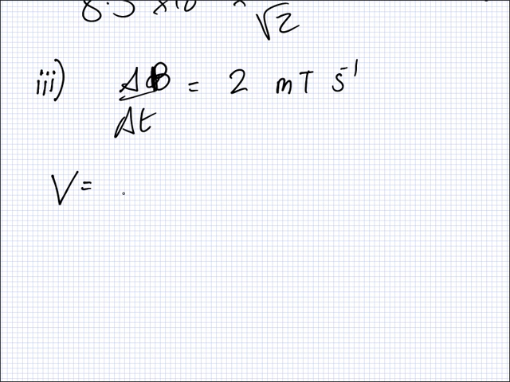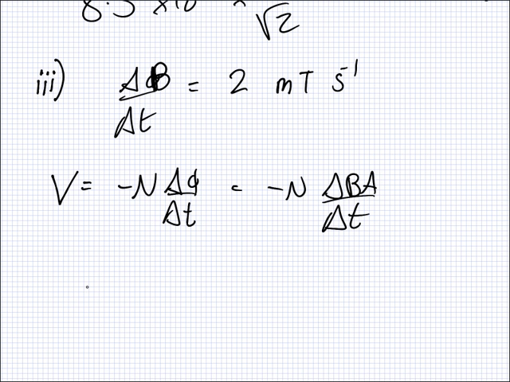So that's V equals minus N delta phi over delta T, which equals minus N delta BA over delta T. Actually, I should really put the N inside of it. Sorry, I'm getting a bit muddled up. B is the thing that's changing. The A is constant and the N is constant, so I'll take the A out. That's fine actually.